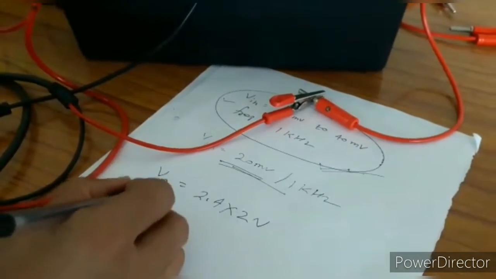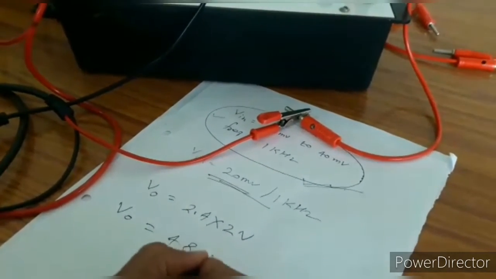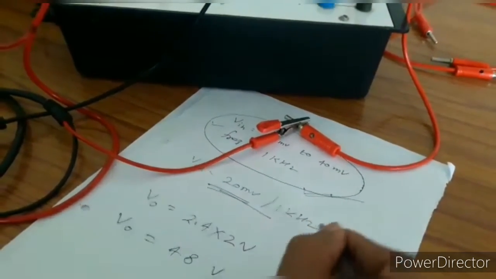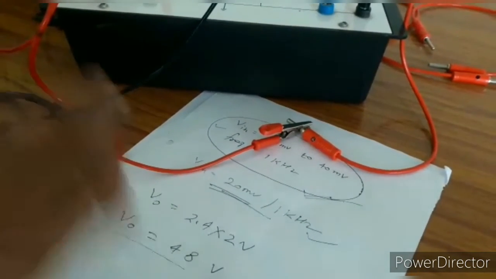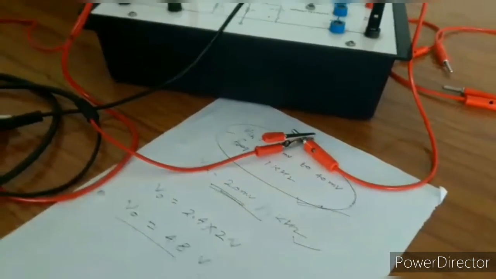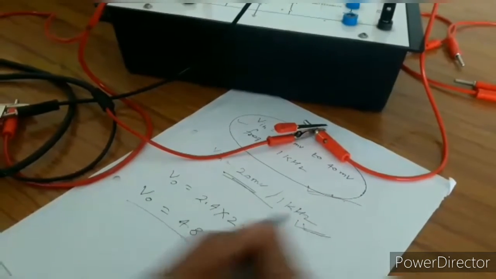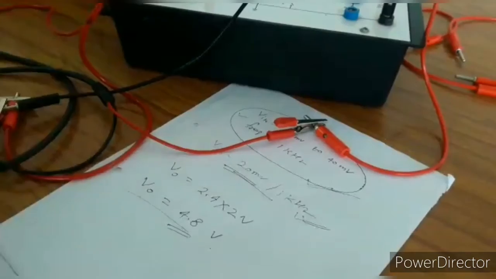It is our amplified output voltage, almost 4.8 volt. We applied only 20 millivolt and we are getting 4.8 volt. In this way this two-stage transistor coupled amplifier will amplify a small signal into a high signal, and it is 4.8 volt.